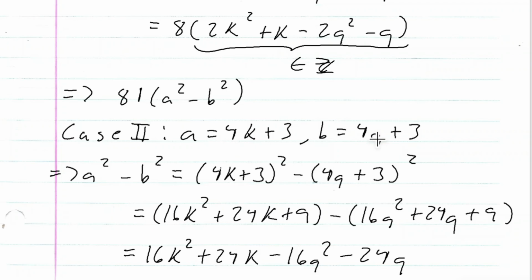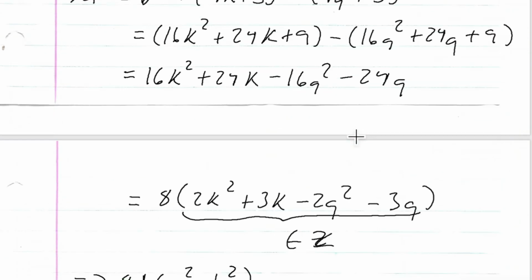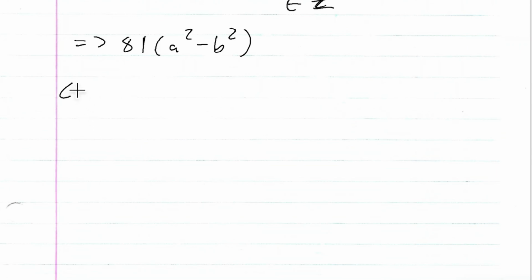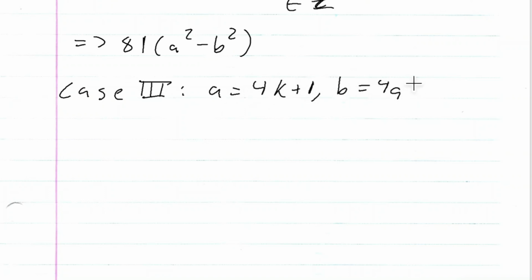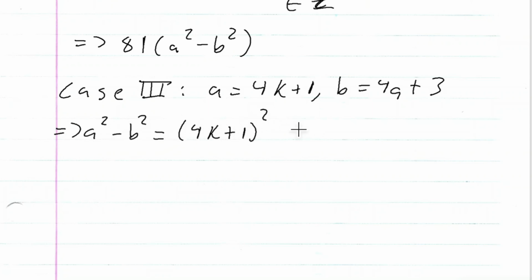Now we have to think of the case where one is 4 times an integer plus 1 and the other one is 4 times an integer plus 3, right? So case number 3, we'll have it where a is equal to 4k plus 1 and b is equal to 4q plus 3, right? So this means that a squared minus b squared is equal to (4k plus 1) squared minus (4q plus 3) squared.